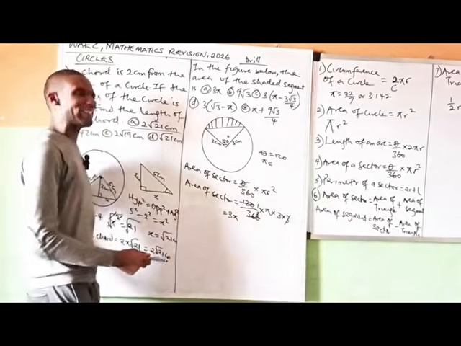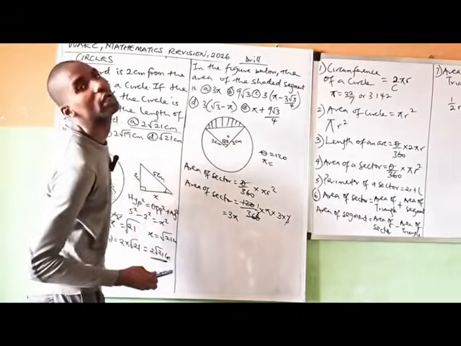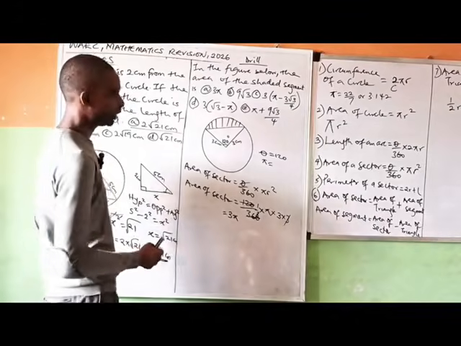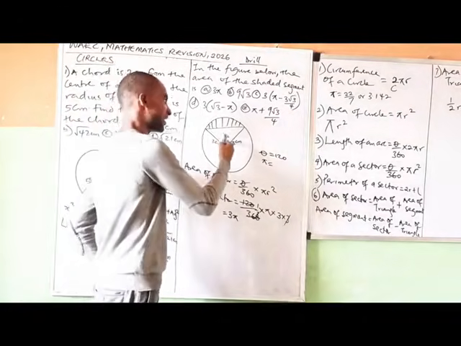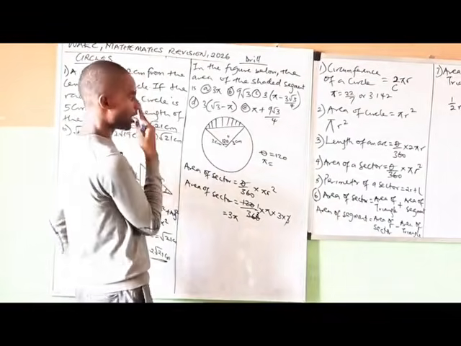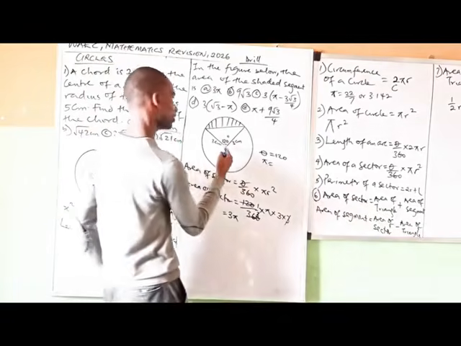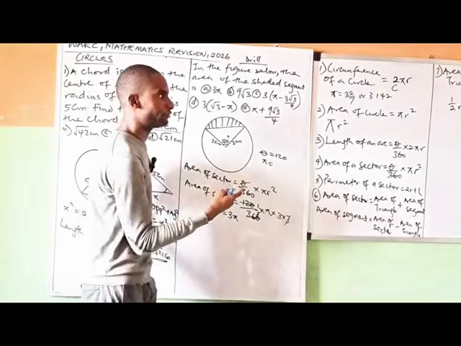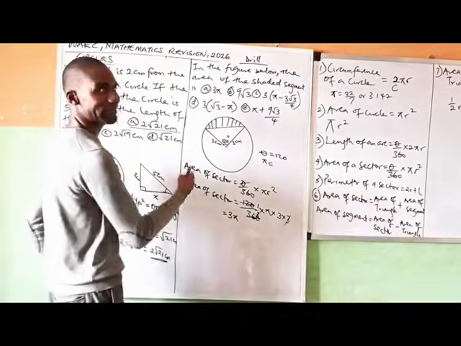Now let's try to find the area of the triangle. There are two formulas you can use to find the area of the triangle. You can use half of base times height, but we need to find the height to be able to answer this question. You can also do half r squared sine theta.